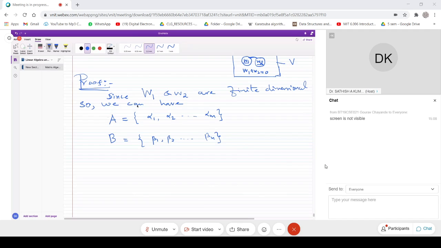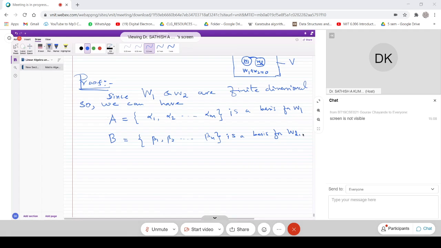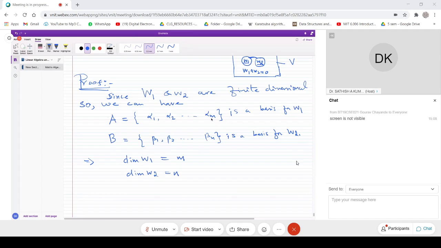So what I want to say is that W1 and W2 are finite dimensional. Therefore, I can consider two bases: alpha 1 to alpha m is a basis for W1, and the second one, beta 1 to beta n, is a basis for W2. Since they are bases, the dimension of W1 is m and the dimension of W2 is n, because there are m vectors here and n vectors there.